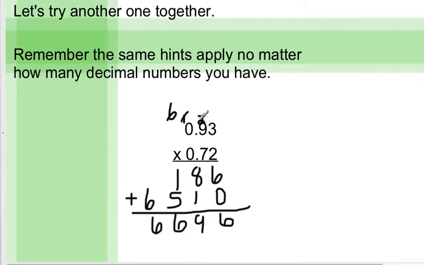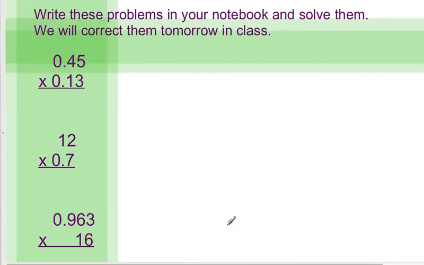Well, there's 1 here, 1 here, so that's 1, 2, there's 3 numbers. There are 4 numbers total after a decimal point. So we start here and we go 1, 2, 3, 4. Put the decimal here. Are there 4 numbers after the decimal point? 1, 2, 3, 4. Yep. So that should be fine.